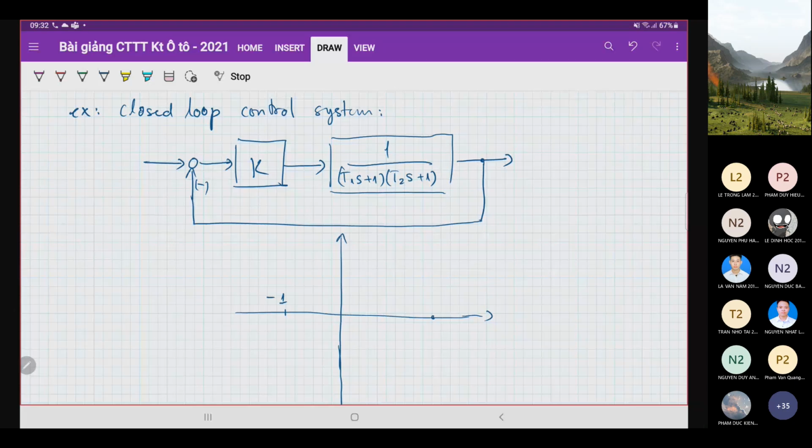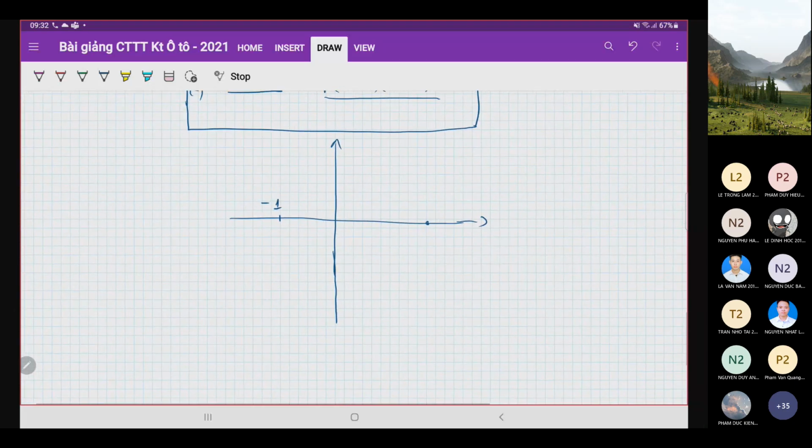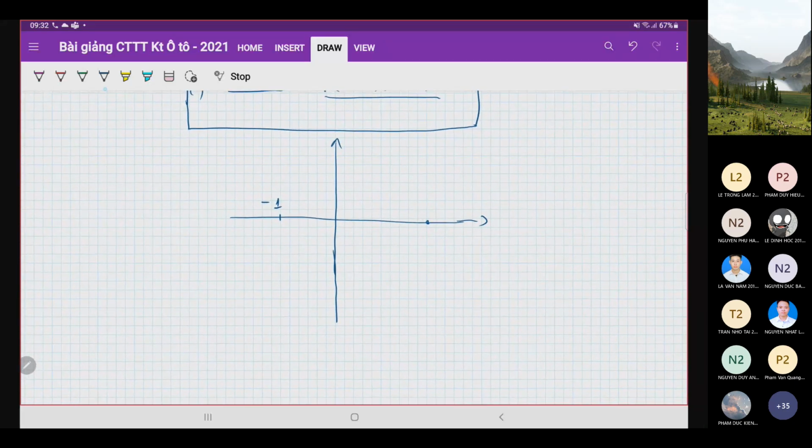So the Nyquist diagram goes like this, and here it comes to omega equal to 0. Here is omega equal to infinity, and in fact it will have the opposite part. When omega equals minus infinity, it goes back to 0 like this.